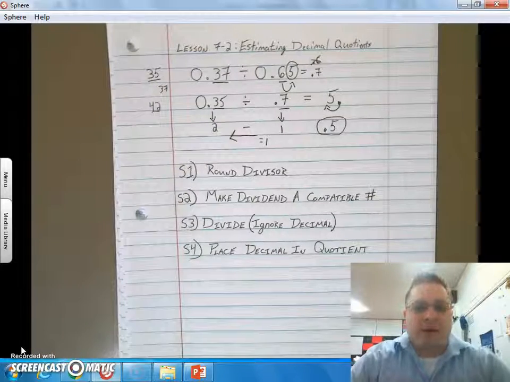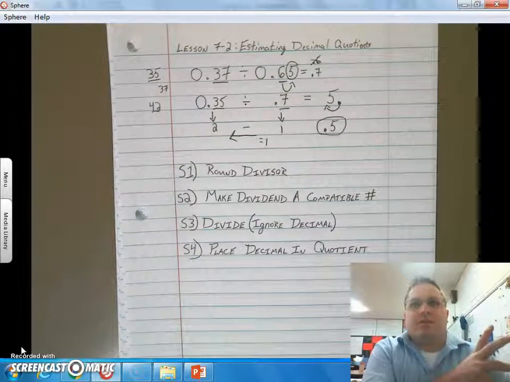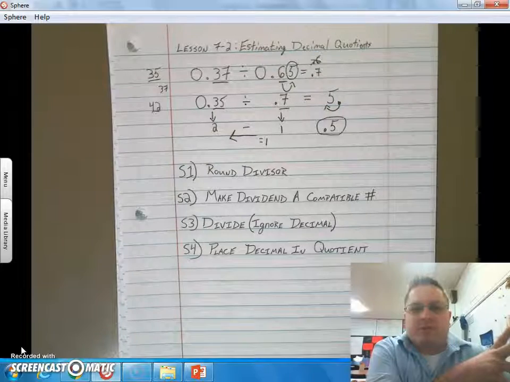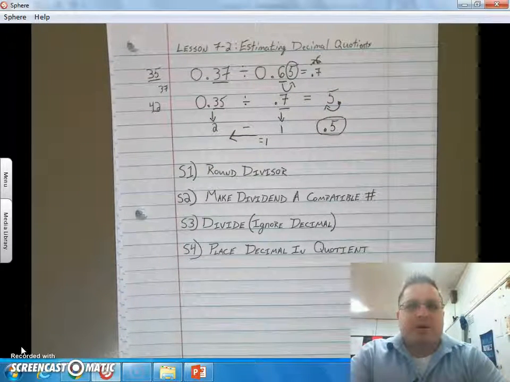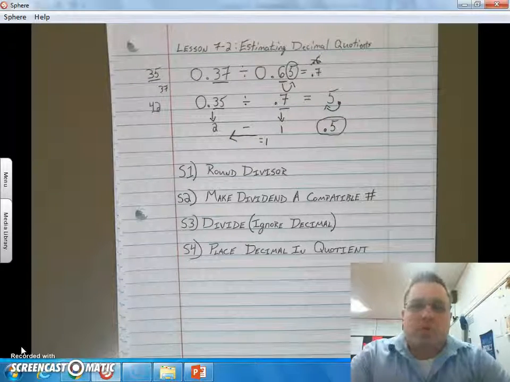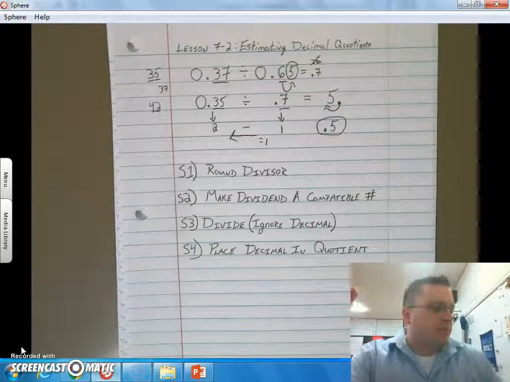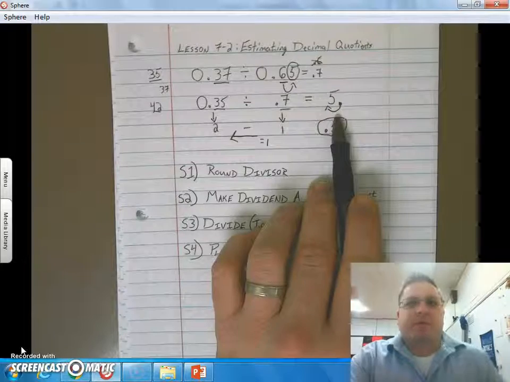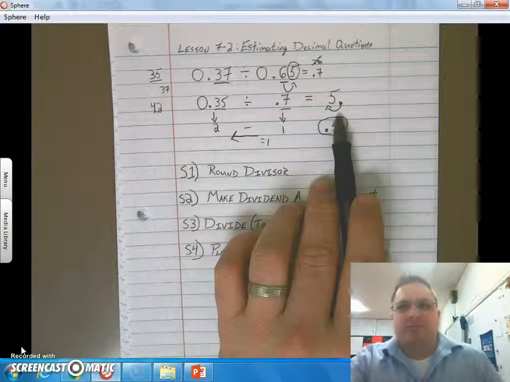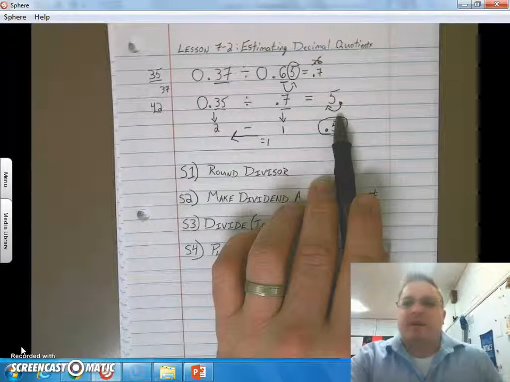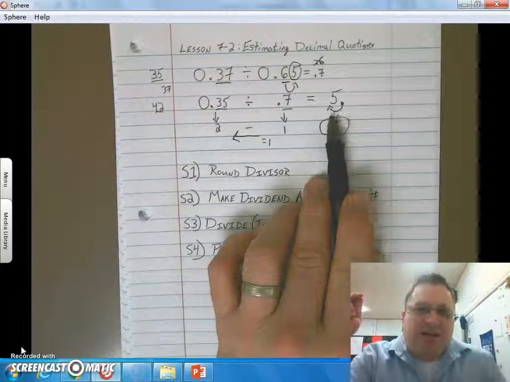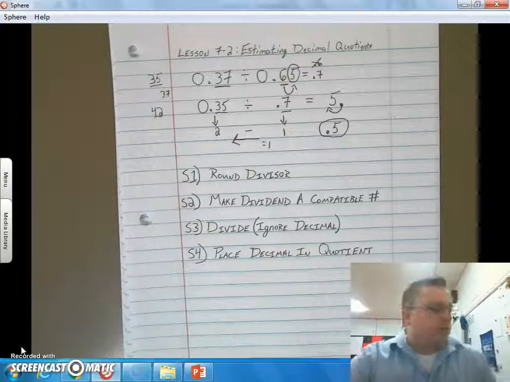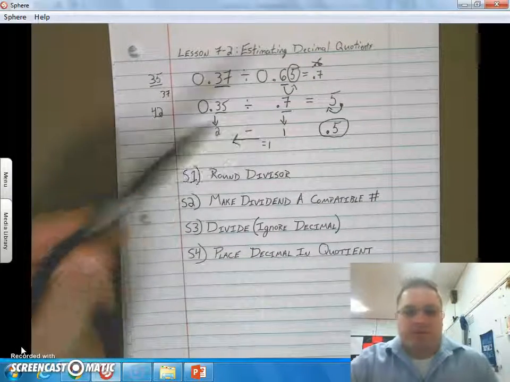When I do that, my dividend was 100 times bigger than it was supposed to be, and I divided by something only 10 times as big, which means that my quotient, my 5, was 10 times too big. So I had to compensate and take that decimal back. We'll see another example where the decimal will go the other way.